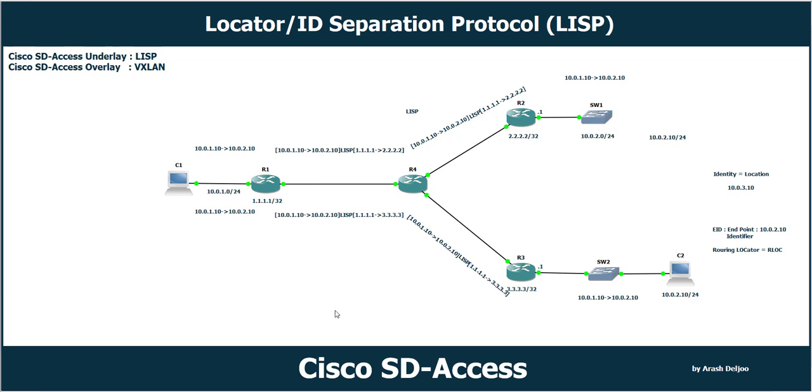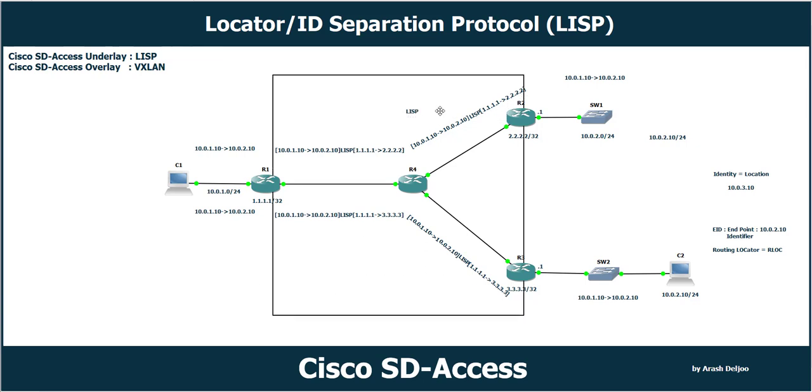The first addressing space is the EID space, and the second addressing space is the routing locator, or RLOC, space. Here, this is the naming space of RLOC. Let me write here: RLOC naming, or we can say routing locator name space or addressing space.